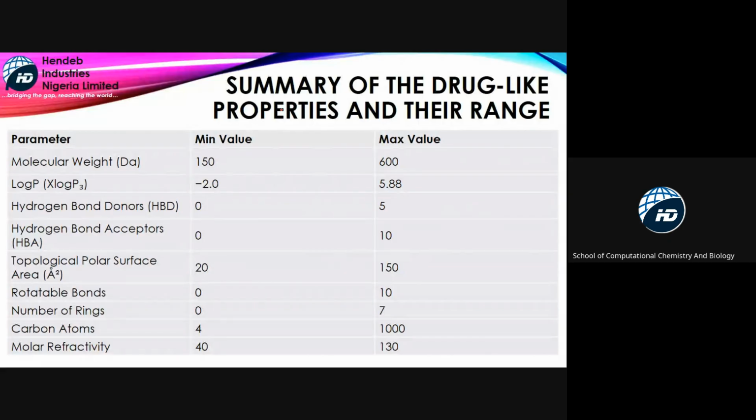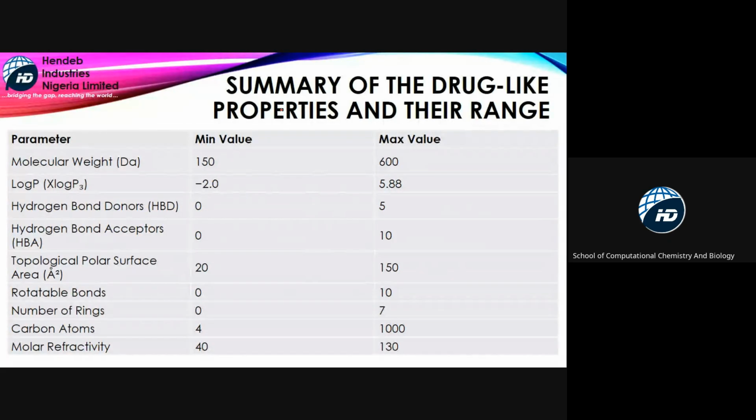Since we are told by the people who handed over to us that hydrogen bond donors should be between 0 to 5, why not build compounds that, since they say no more than 5, but I won't accept 0. So I prefer taking from 3 to 5, while for the hydrogen bond acceptors, I prefer taking 5 to 10.